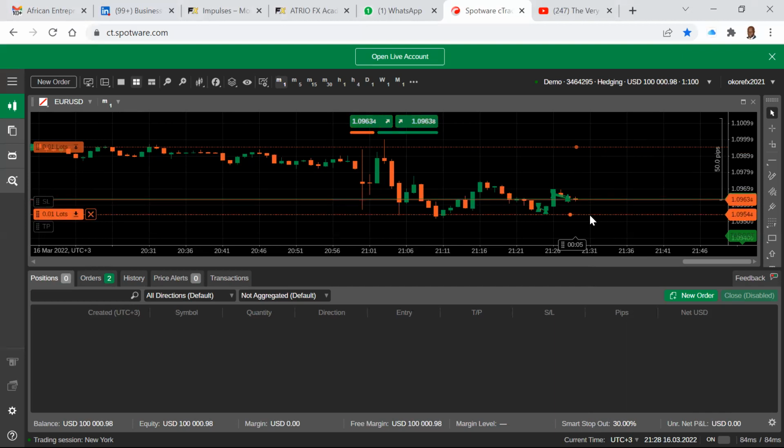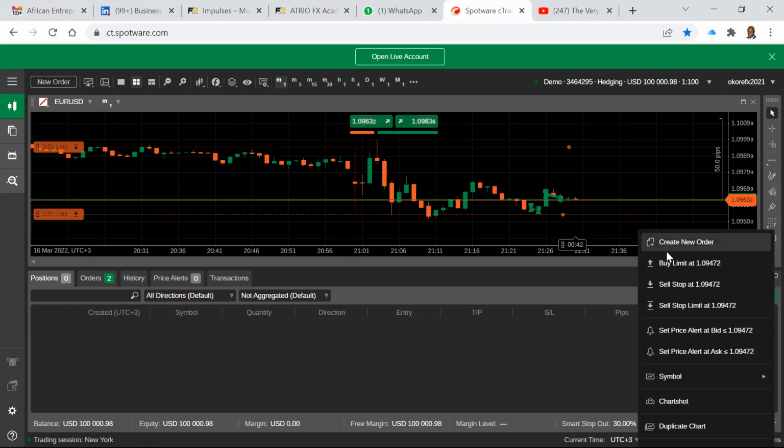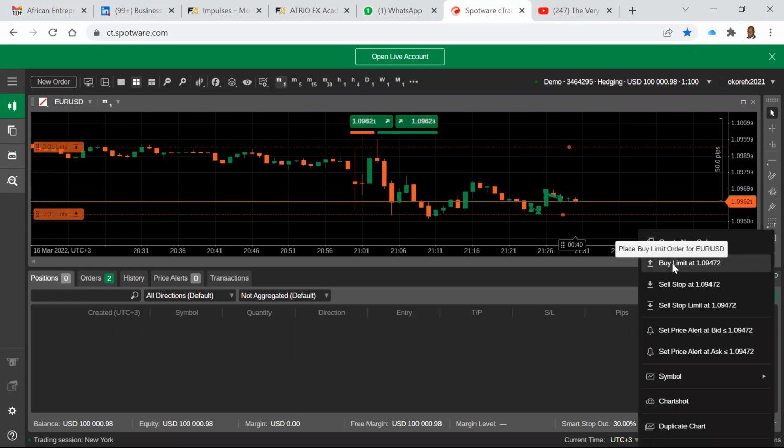Now, the buy stop and the buy limit are almost similar. If I want to buy and the market is going down, I can only do what is called a buy limit. So I say, okay, if I get here, I don't know where it'll go, so I'm going to take a buy limit.